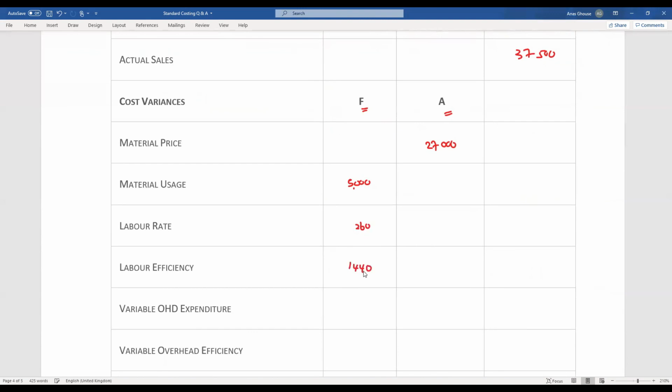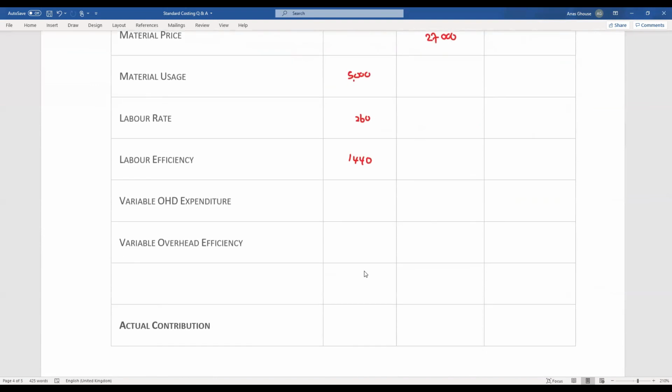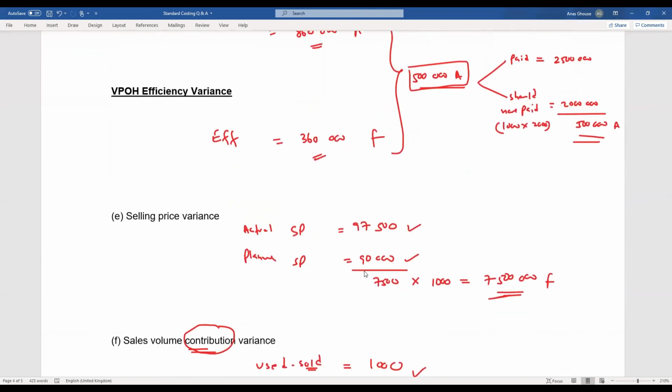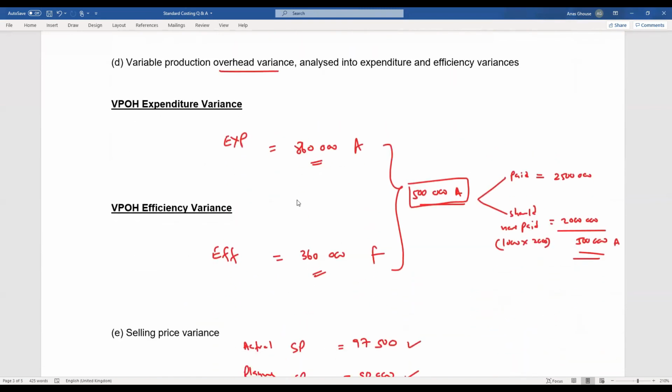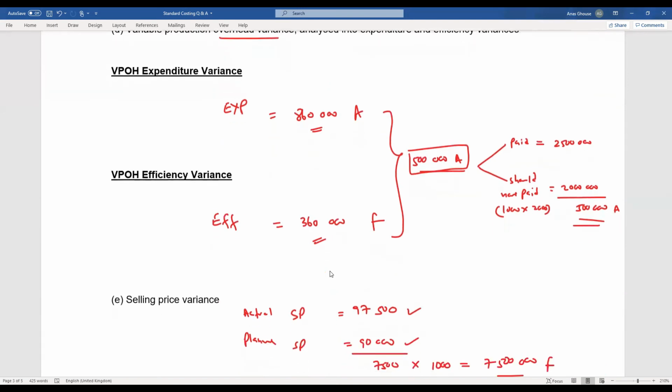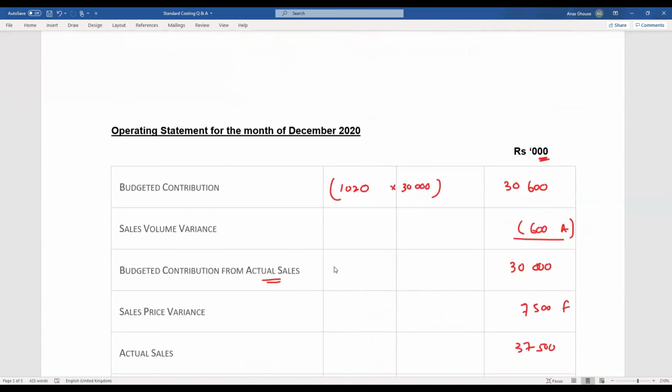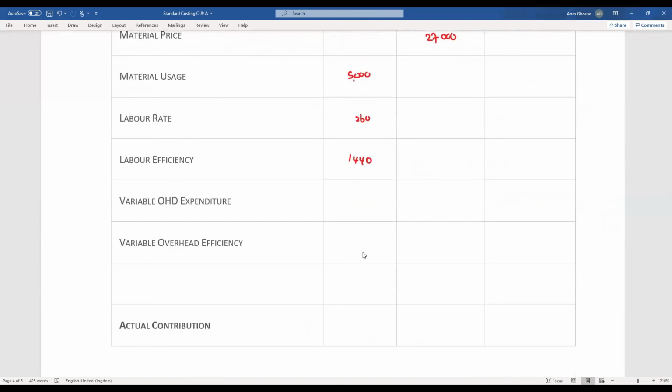Okay. So finally, we'll take the variable overhead expenditure and efficiency variance. Expenditure is 860 adverse and efficiency is 360 favorable. Okay.